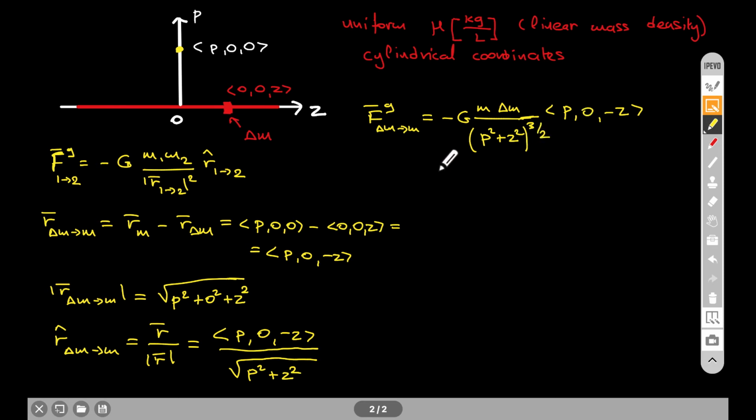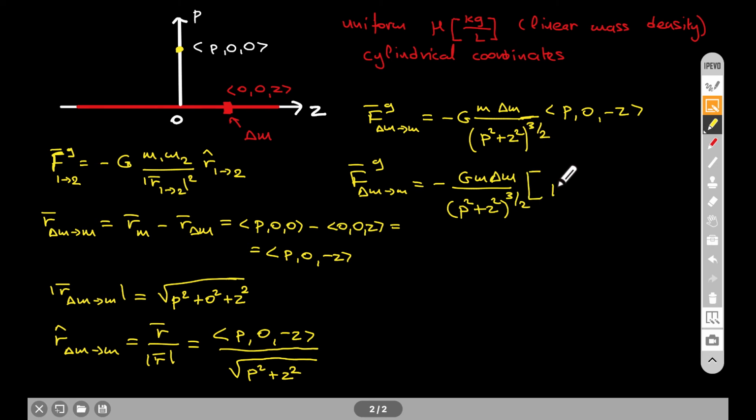Now let me change my vector notation. Minus G m delta m, I have rho squared plus z squared to the 3/2.